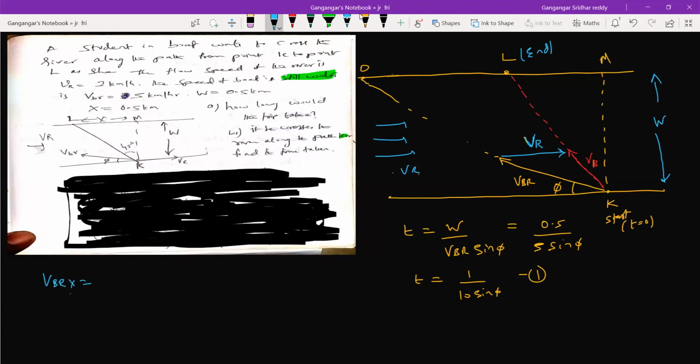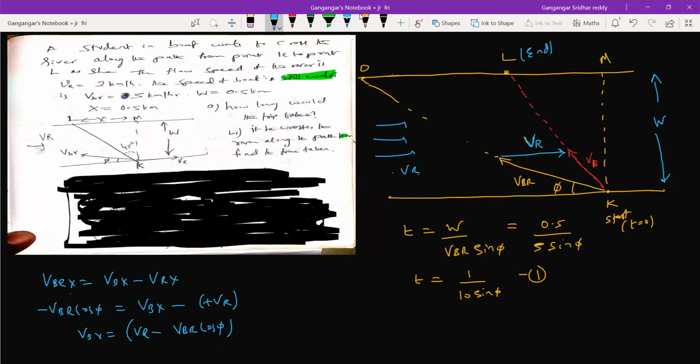VBR x equal to VBX minus VRX. What is VBX here? Minus VBR cos phi. This is plus VR. VBX equal to VR minus VBR cos phi. Why negative sign?